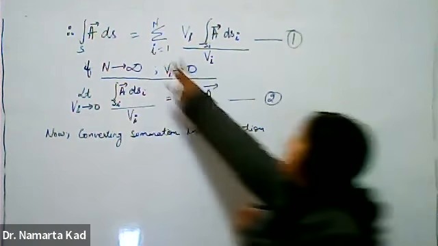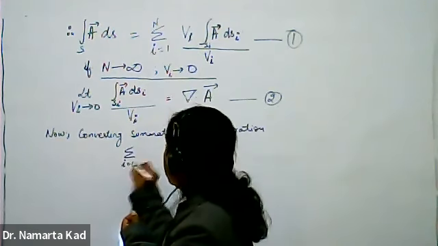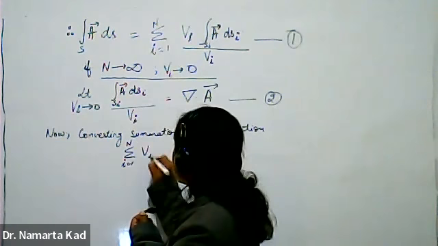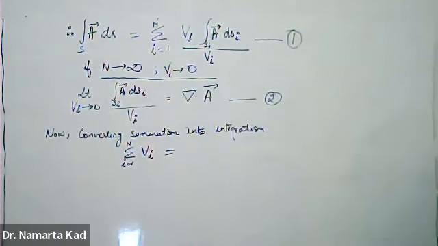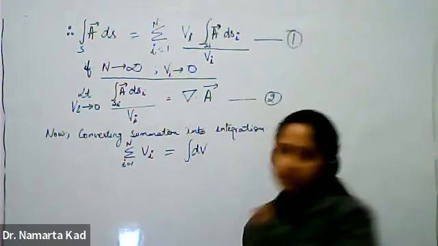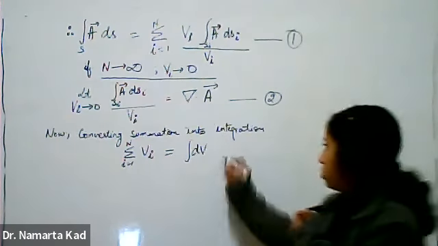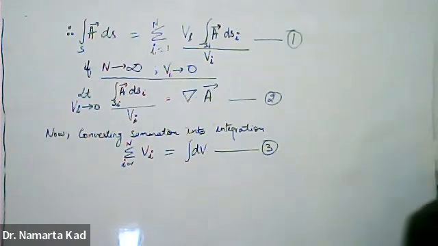So this summation sign with the volume V can be simply converted into the integration. This summation of Vi, i from 1 to n, is converted into integration, simply like dV. Mark this as equation number 3.